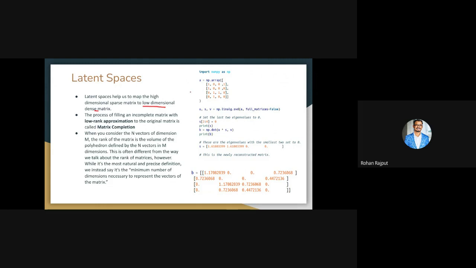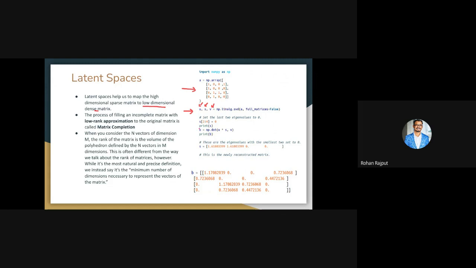In this particular example, we have this interaction matrix A, and we are using the singular value decomposition technique, where we generate three matrices. U and V are the rotational matrices, and S is the diagonal matrix which consists of the eigenvalues. If you know linear algebra, we are trying to generate the eigenvalues of this matrix.